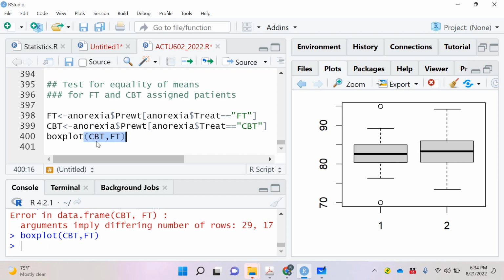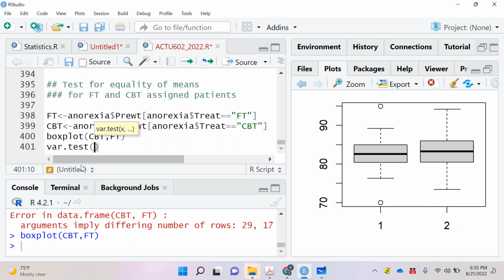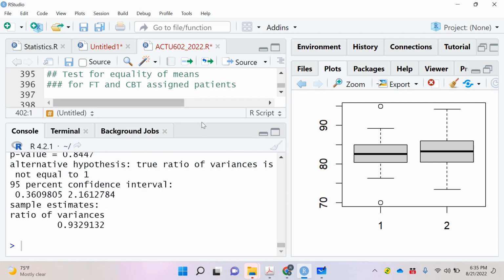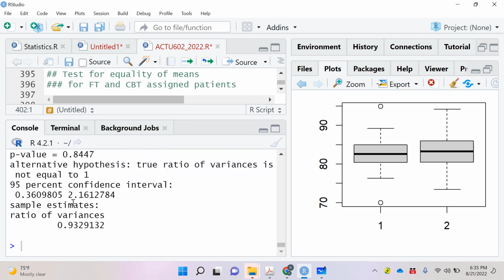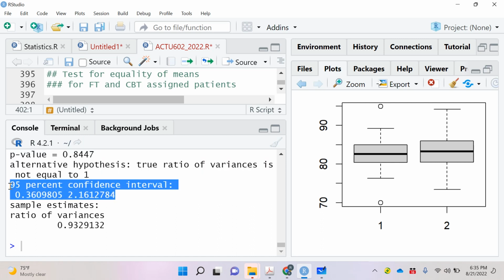I want to also check in my test, should I say var.equal is true or not? So I do this test and then I check the outcome. Look at this one: the interval encloses 1, isn't it?